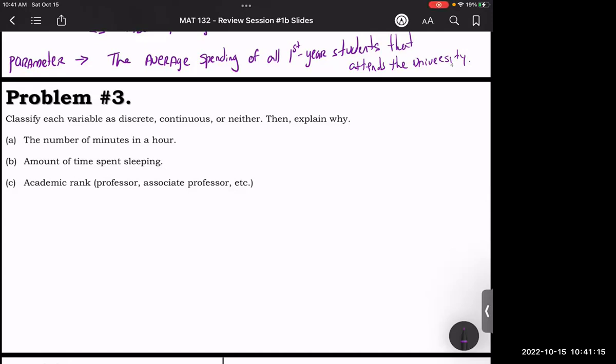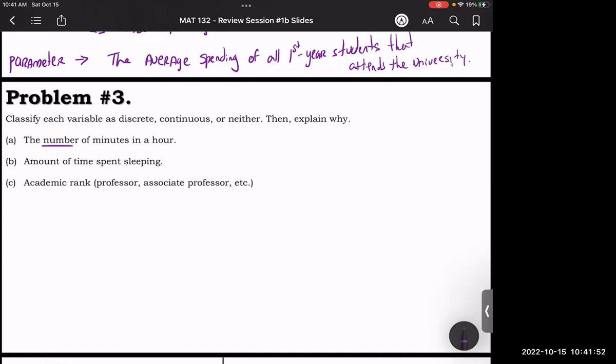It's okay, you can go back. Explain what they are first? Well, no. I'm not going to explain it first, because then it gives away the answers. Hence the question says, explain why at the end. Is it the number of minutes in an hour? Well, you read the whole phrase, just a part of it. What part of the phrase tells us that it's discrete? In an hour? Not the an hour, the number, right?